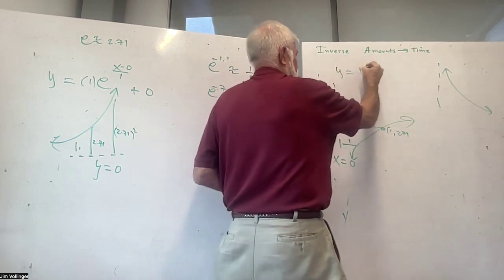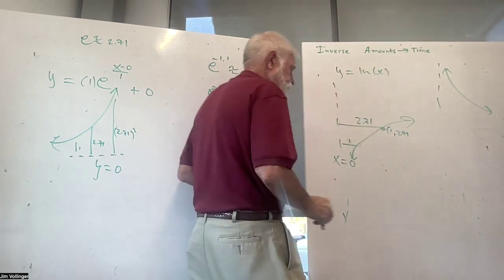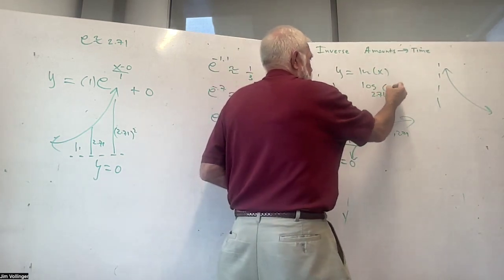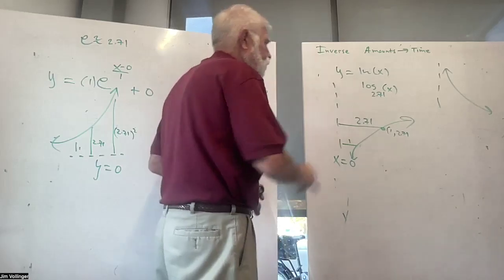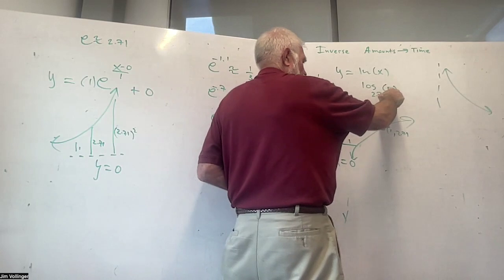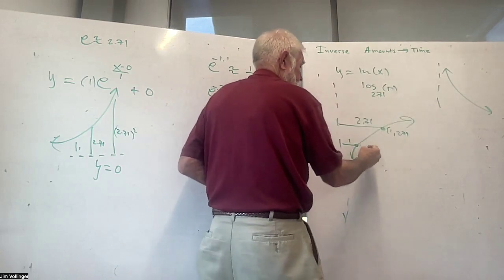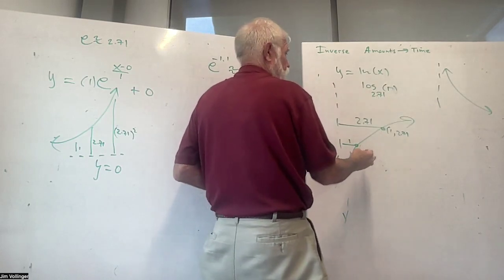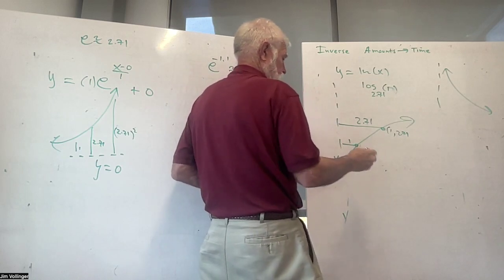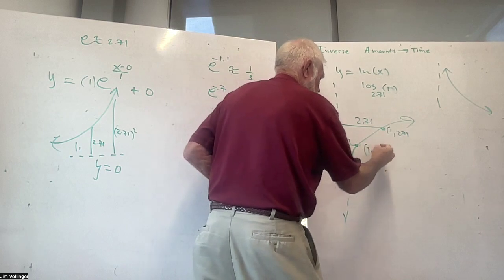Therefore, we're going to do the inverse, which is the ln of x, which is another fancy way of saying this. Okay, so if I put a 1 in here, what do you put on top of 2.7 to get 1? 1 gets me 0.